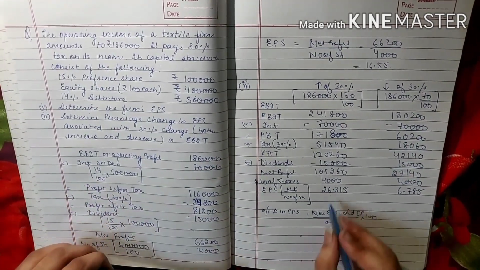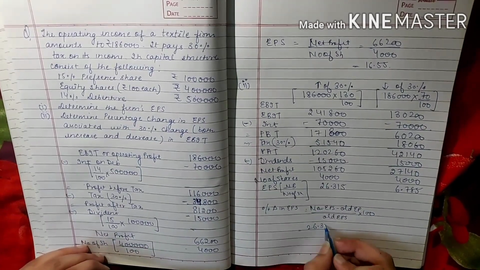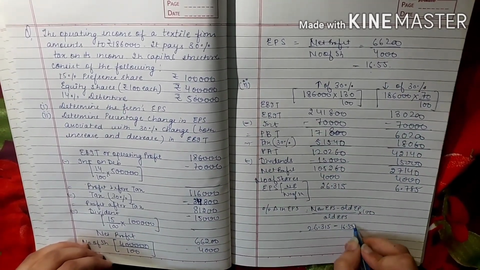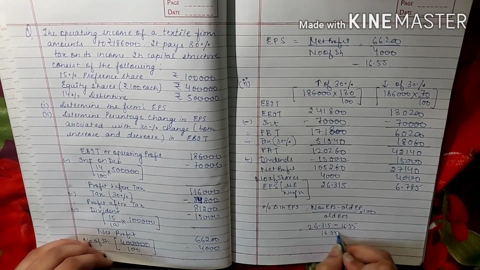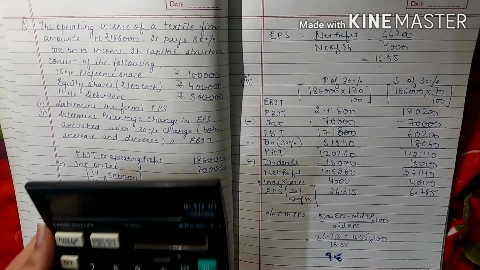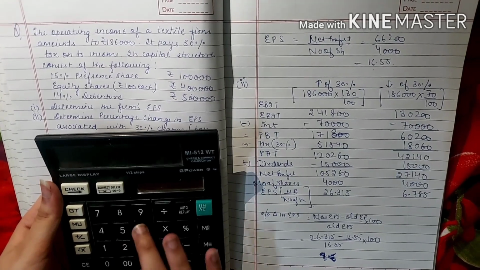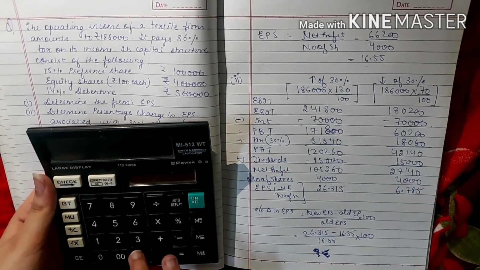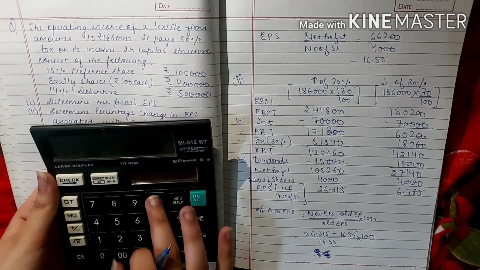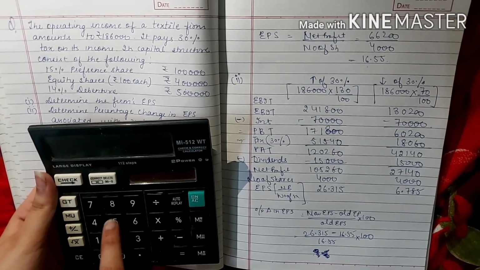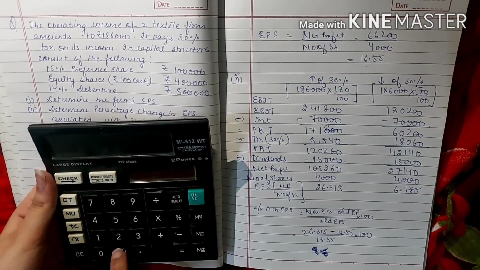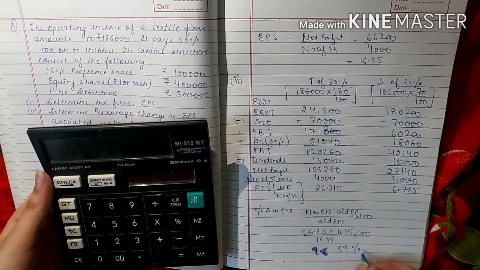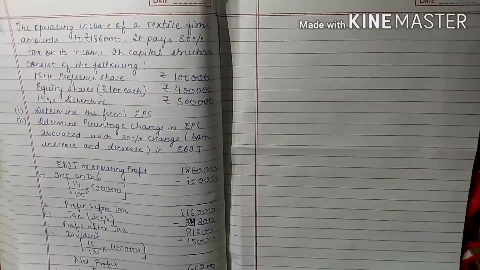So new EPS is 26.315 minus old EPS was 16.55, upon 16.55 into 100. Solving it, it is 59% increase in EPS.